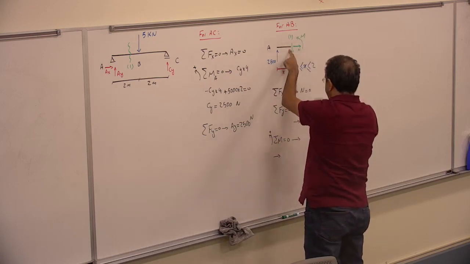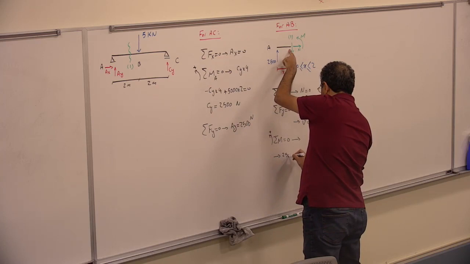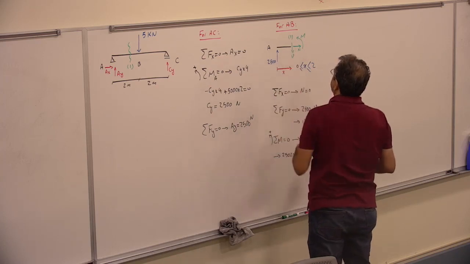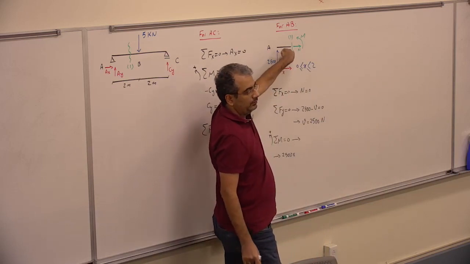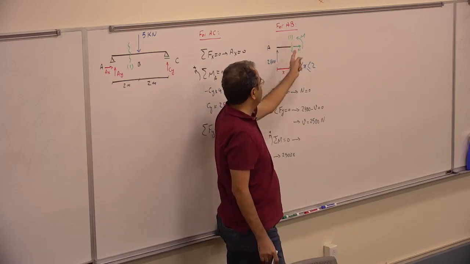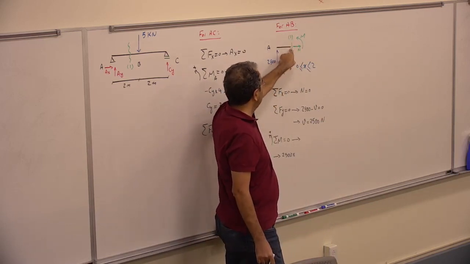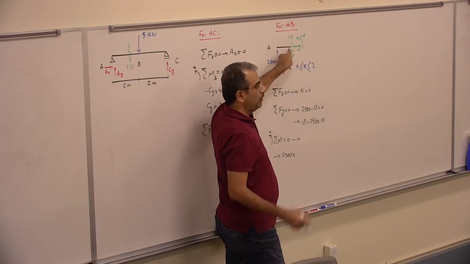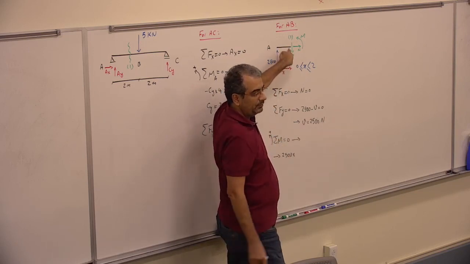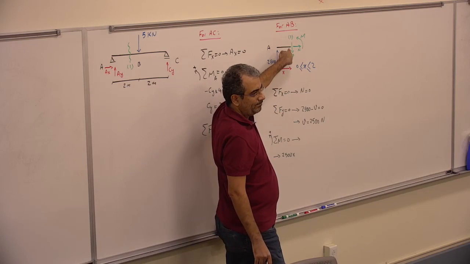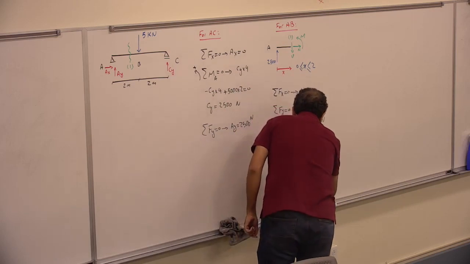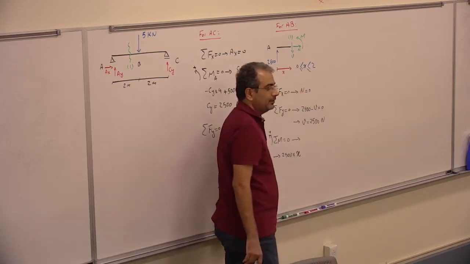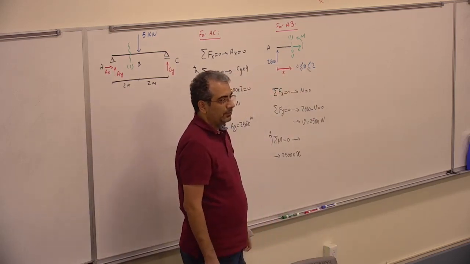If I write it about that section, I have 2500 times the arm of the moment, which would be x. That is where the x is entering your calculation.